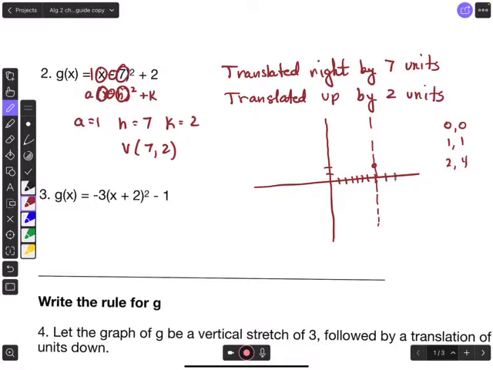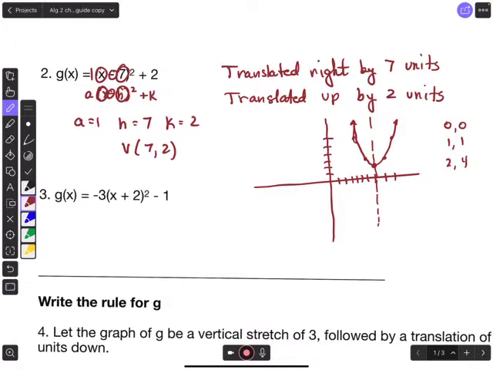And so we just count those from this vertex. 1, 1 is going to give it the exact same shape, and then over 2 and up 4. So we just plot those points, over 1, up 1, and then over 2, up 4. And then our matching points, because of symmetry. We knew where it was going to start, and we knew its shape because the a value was 1.